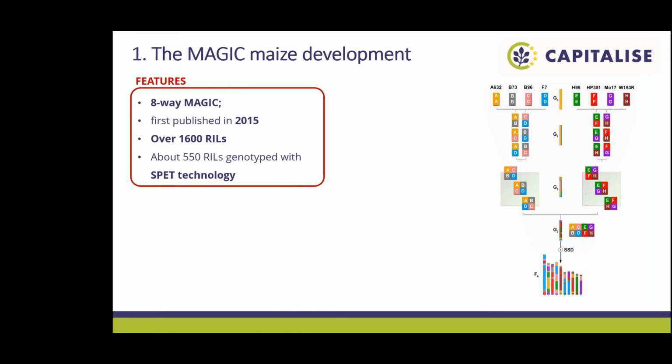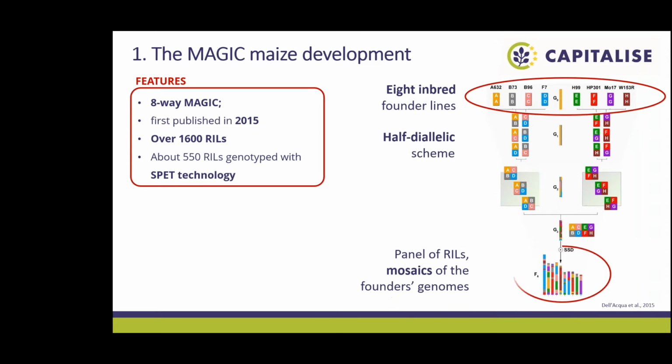Here is something about the development of the MAGIC maize population. It's an 8-way MAGIC population. We got 8 parental lines that were crossed in a half diallel fashion, meaning that 2-way hybrids were produced in all possible permutations.